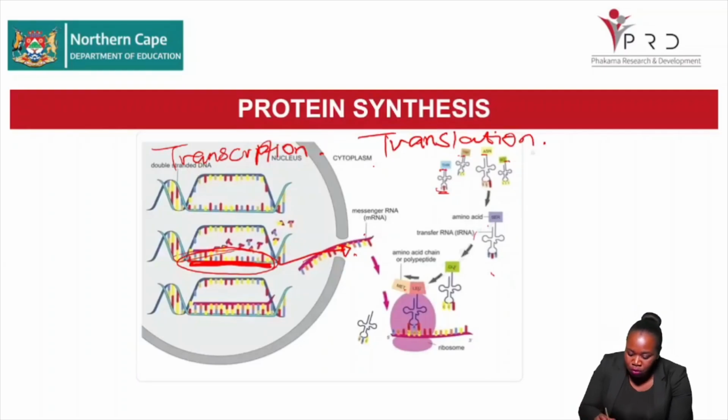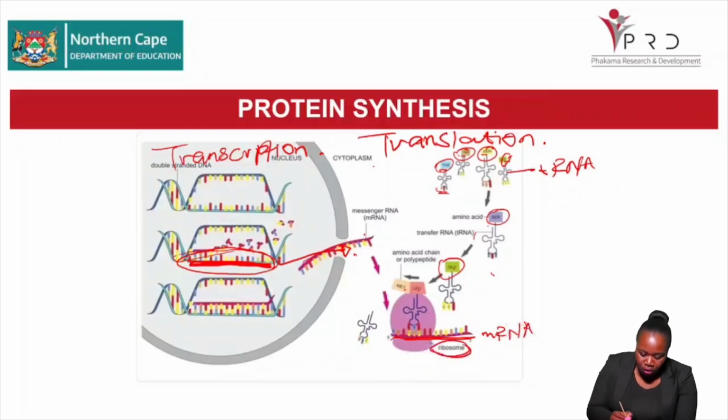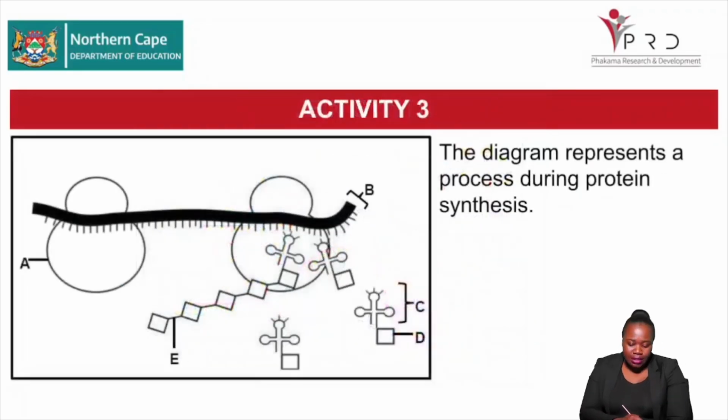So you should also be able to label that this is a tRNA, these are amino acids on top there, and then this is your mRNA, this is your ribosome as it has been labeled there, and then here we have your DNA molecule, and we have the mRNA leaving the nucleus into the cytoplasm.